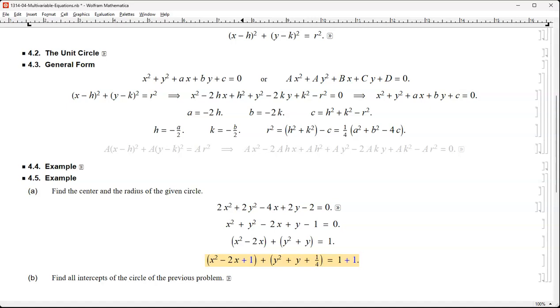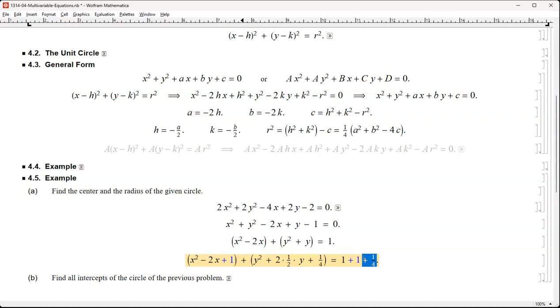Well, the complete square includes 2 and then k, and this one has to be k squared, and this 2k will have to become 1. So this k has to be, as a matter of fact, 1/2, and here I'm going to need 1/2 squared. That results in 1/4 here.